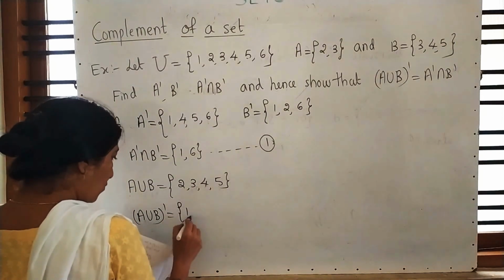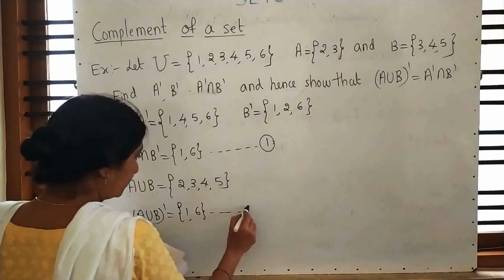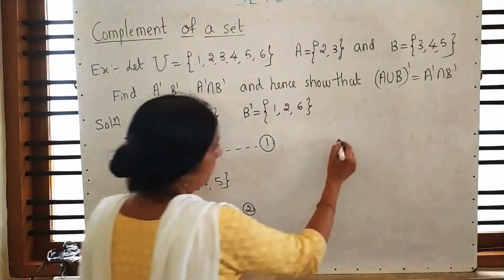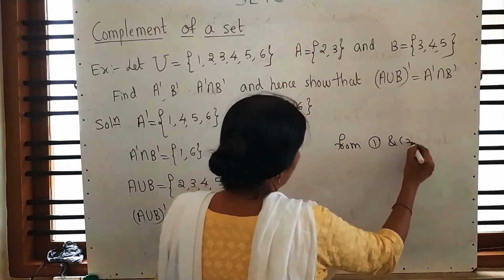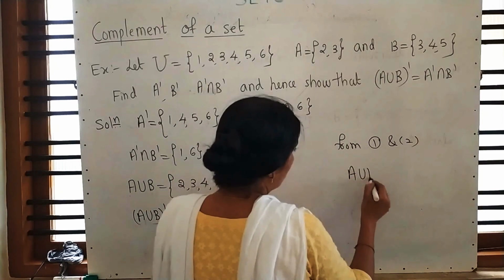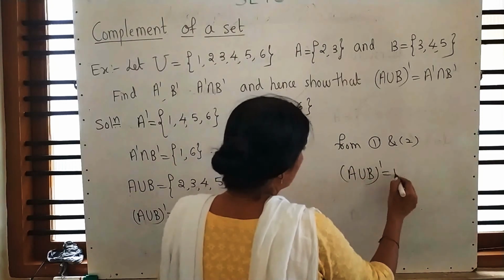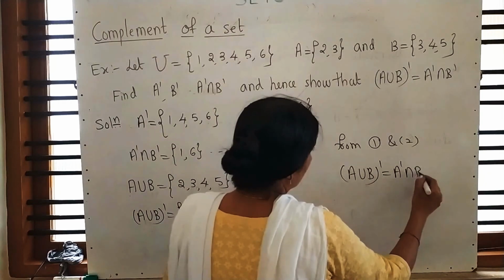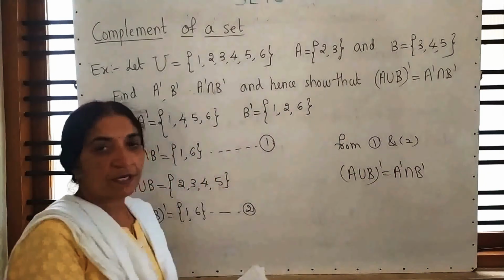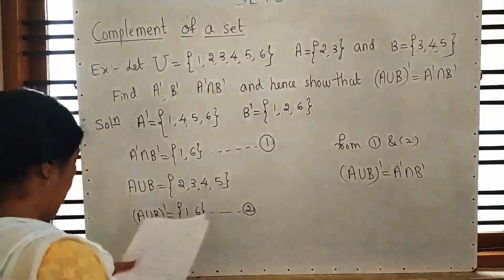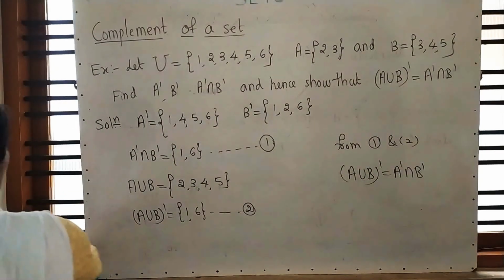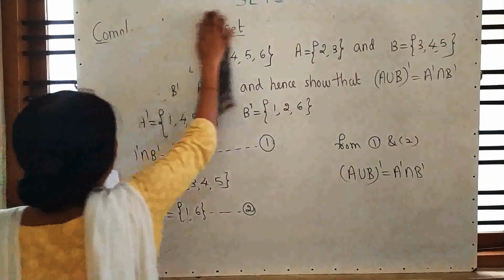Other than that are 1 and 6. From 1 and 2, A union B whole complement is A complement intersection B complement. Understood? So before moving to exercise 1.5, now I am giving you some important properties of complement of sets.